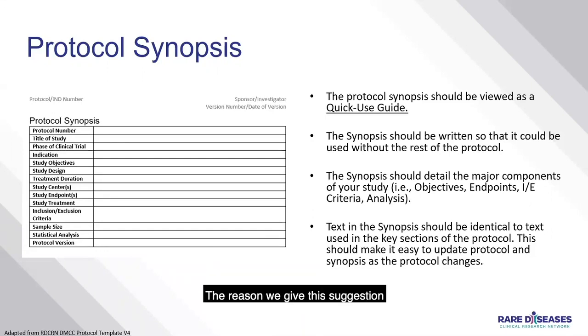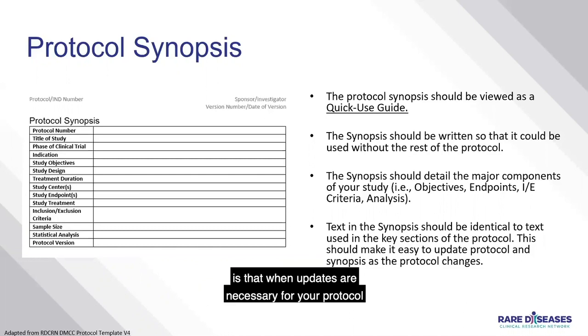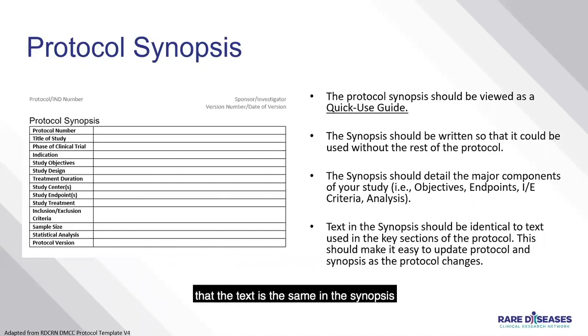The reason we give this suggestion is that when updates are necessary for your protocol, you know that the text is the same in the synopsis as in the body of the text, and it's very easy then to replace text throughout the protocol. So you can see here on the left, we just have some general sections that are major topics for your protocol, that being title, study objectives, study design, inclusion, exclusion criteria, and statistical analysis. So again, these are more of a summary, but it should reflect what's present in the body of your protocol.